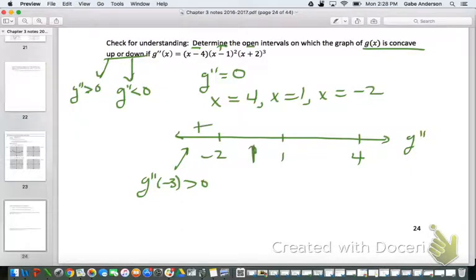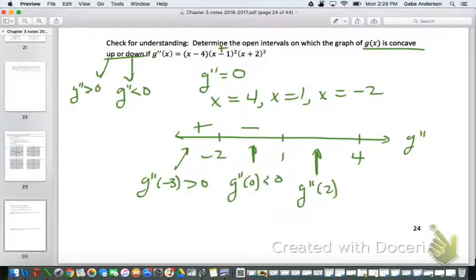Right here, I would try out a 0. And if I try out the 0, let me erase these right here. If I try out the 0, I'm going to get a negative, again a positive, and then another positive. So that's going to be a negative there. And maybe here I try out a 2, so it would be g double prime of 2.